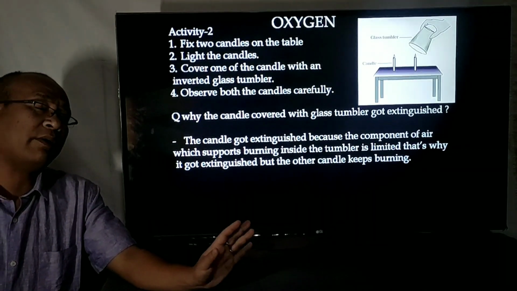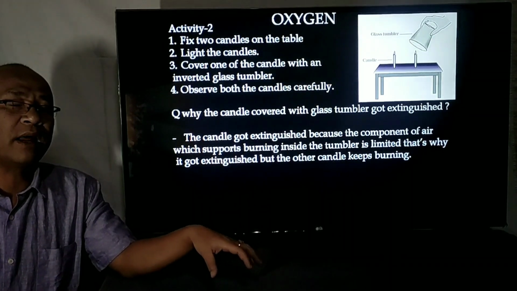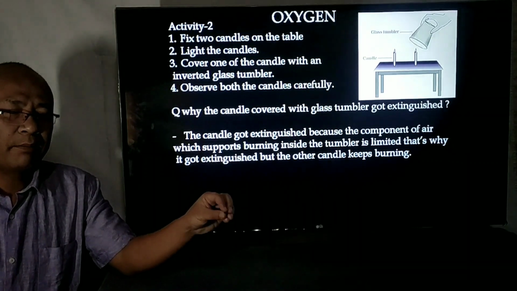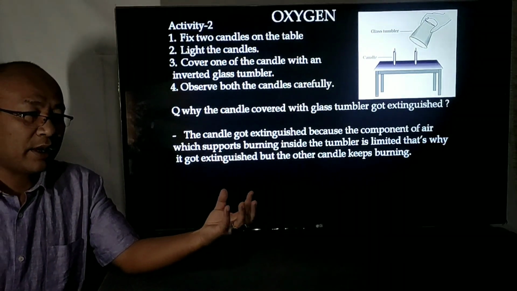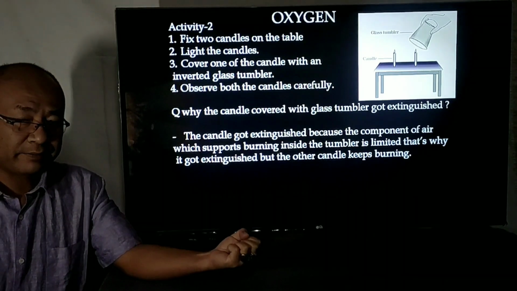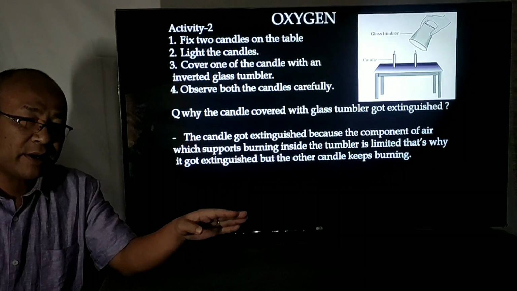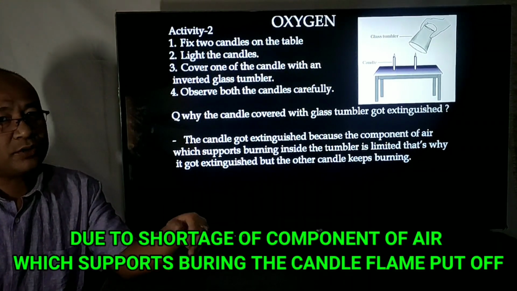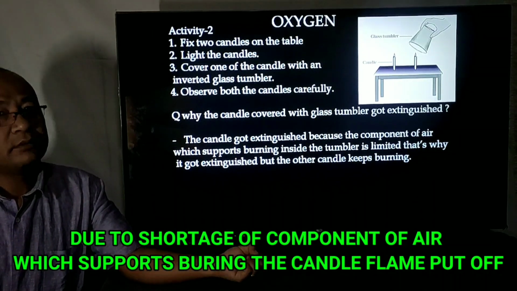When you cover the burning candle with a glass tumbler, the candle keeps on burning, but after some time it goes off. Why? Because the component of air which supports burning becomes lesser and lesser, and at last, due to the shortage of that component of air, the candle goes off.